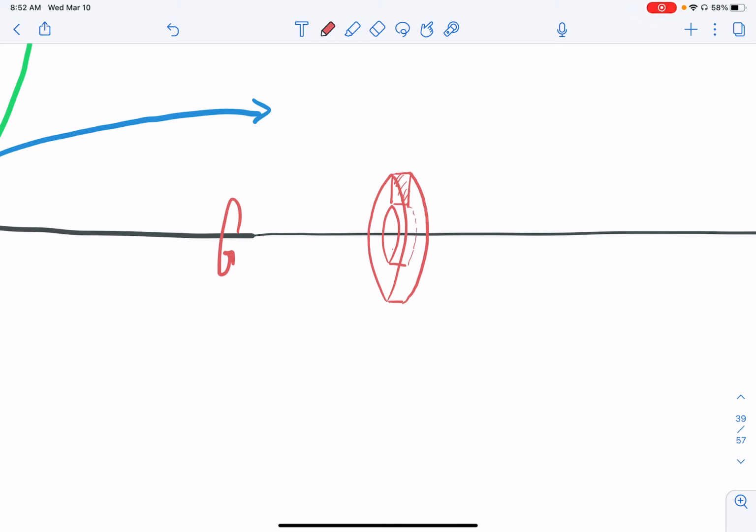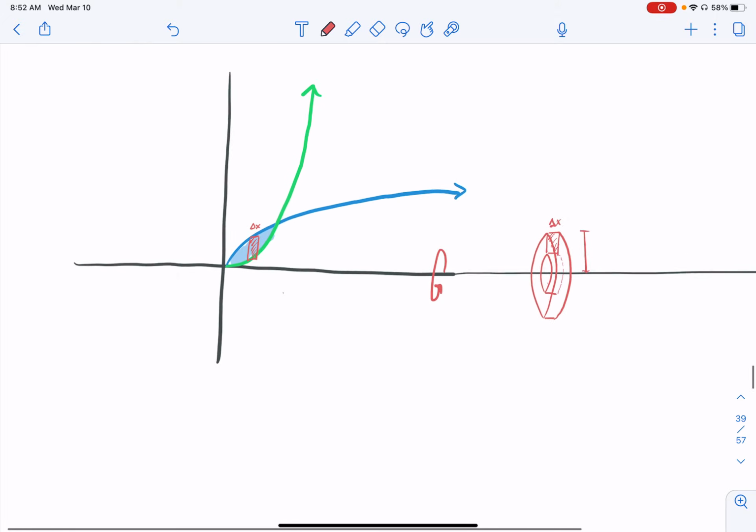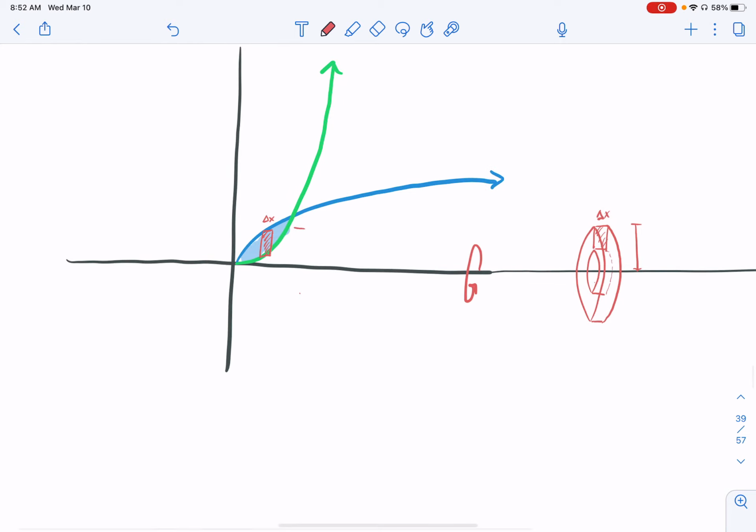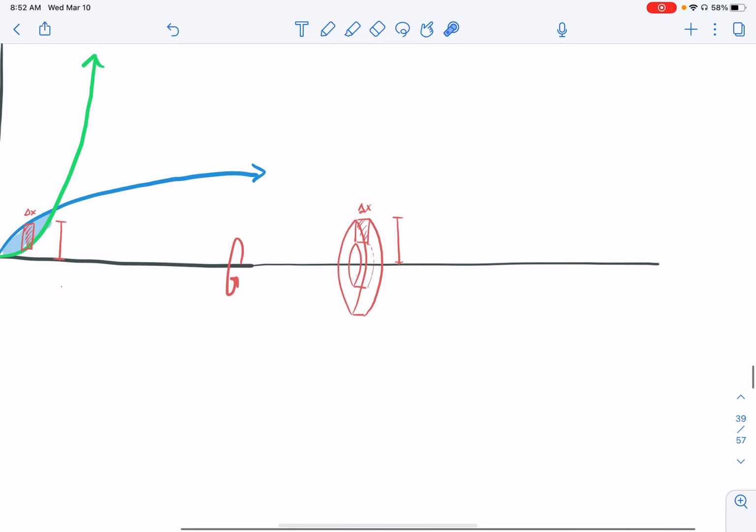Okay, so you need a couple of pieces of information. We already said that the height of this washer is going to be delta x, but we also need two radius lengths. Here's the outer radius. Let me come back over here to this picture, and I'm going to draw that outer radius. It is the distance from the x-axis up to this blue function, the square root of x function.